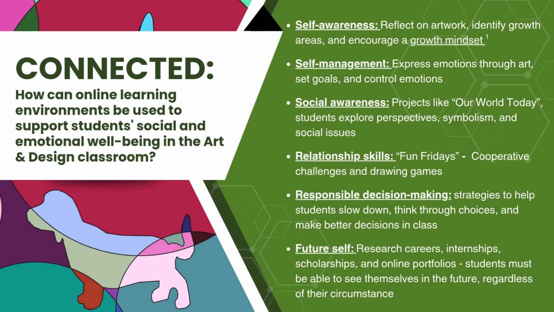Cooperative challenges and drawing games are part of those. Responsible decision making is another strategy to help students slow down, think through choices, and make better decisions in class. And finally, future self. We research careers, internships, scholarships, and online portfolios because students must be able to see themselves in the future, regardless of their circumstances.